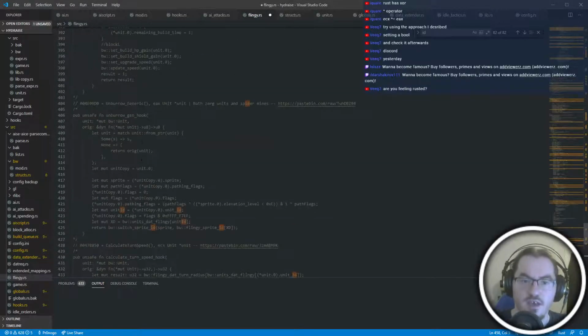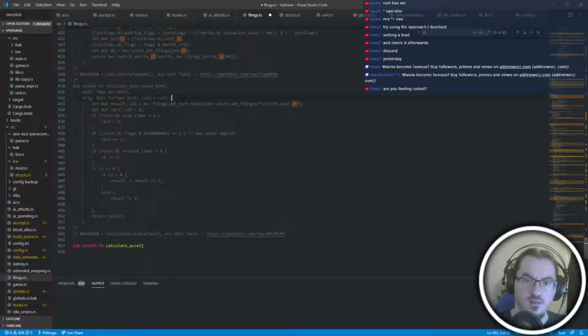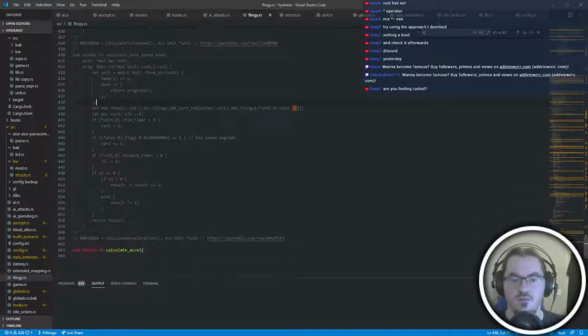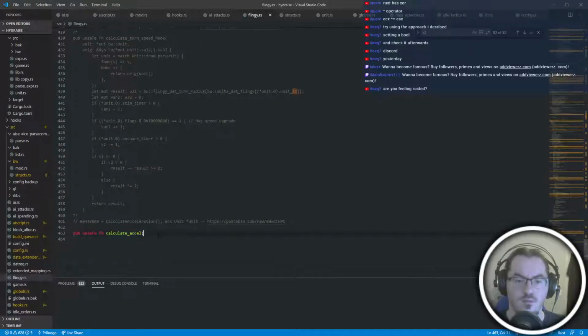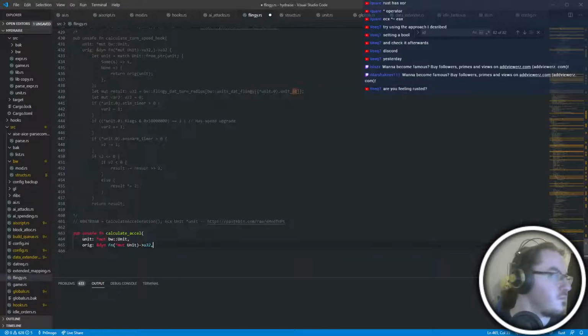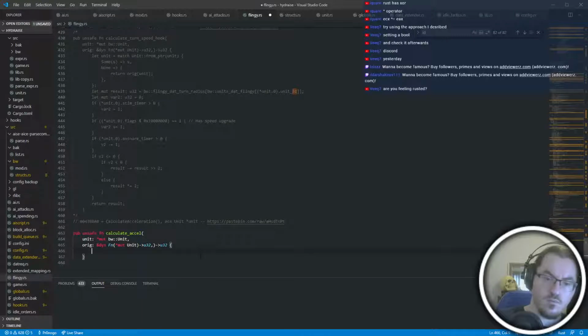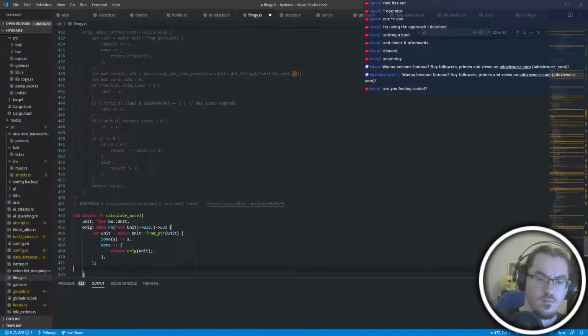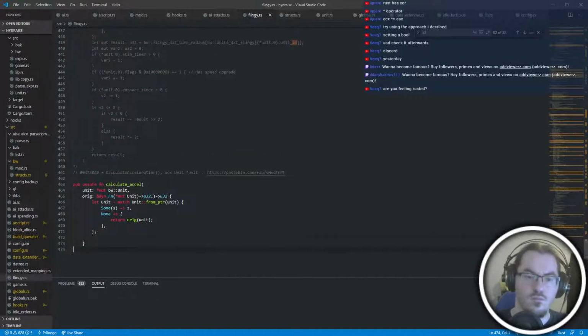Oh, I do have to add the let match unit thing. All right.